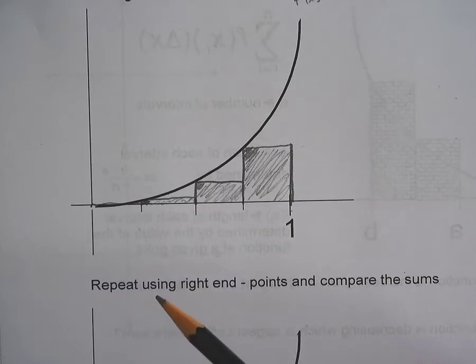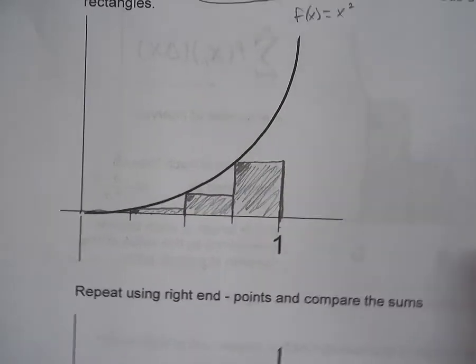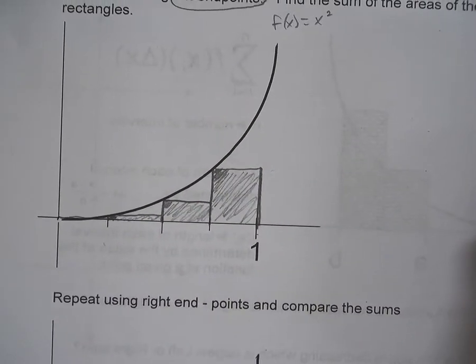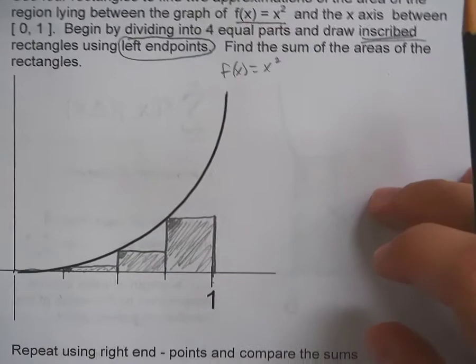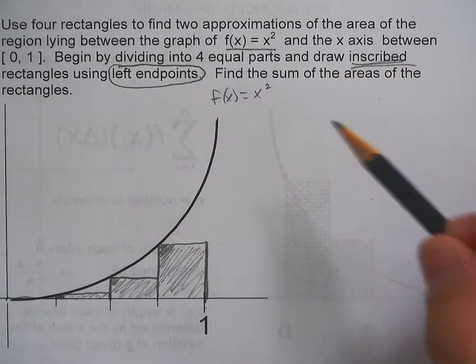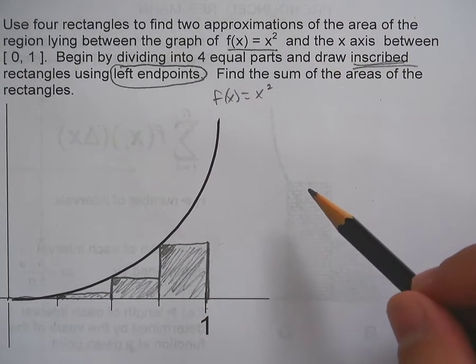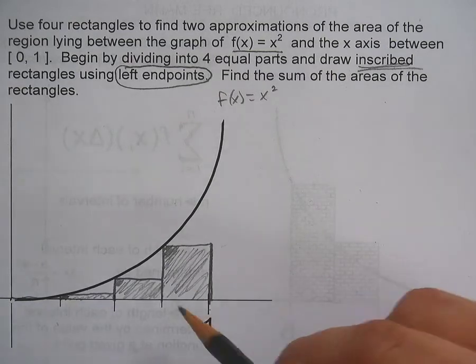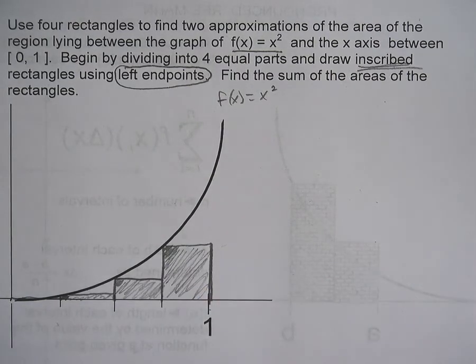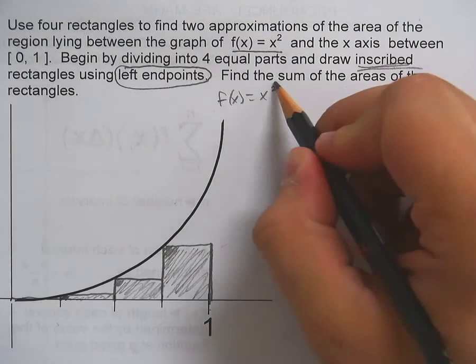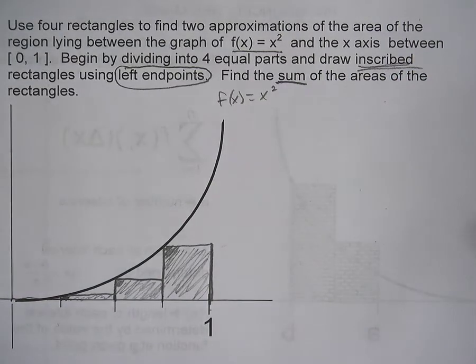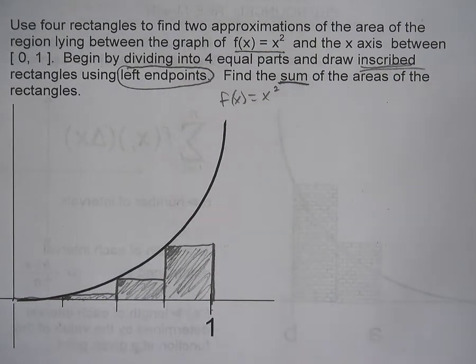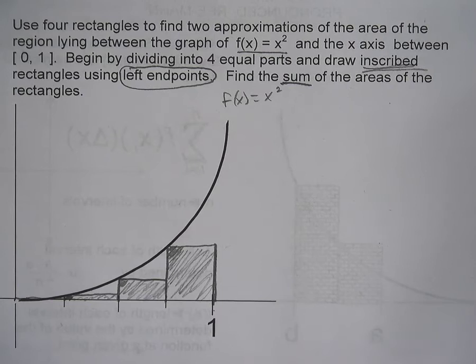It's going to be a little bit under, so keep that in mind. Going back up to my problem, I'm using 4 equal parts. So I'm going to come up with the area of these rectangles, and the key to this is the word sum. I'm going to add up all the rectangle areas.